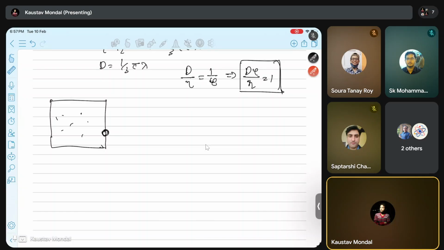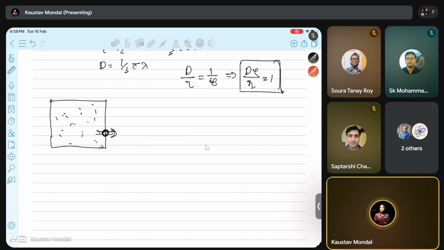Since there is gas inside the system, because of the pressure, the gas molecules will try to flow out from this small hole, right? Because of that there would be some flux that is moving out from this small hole, right?